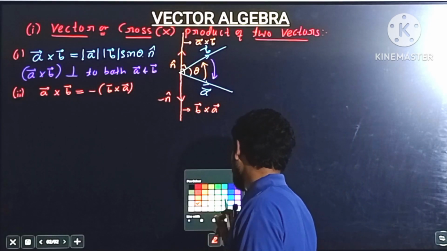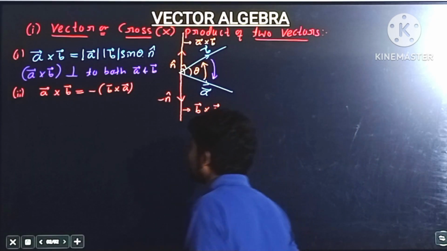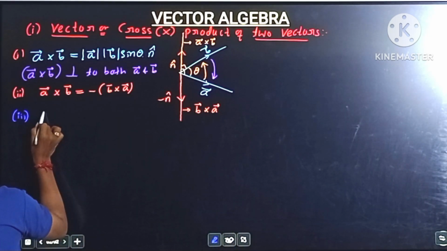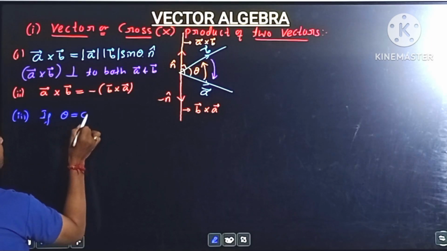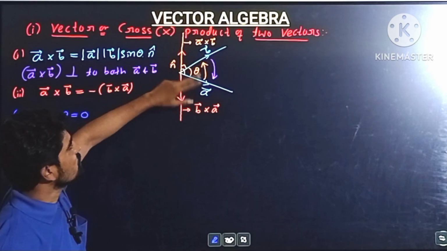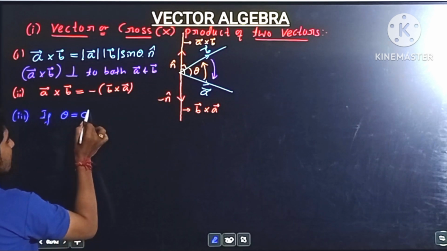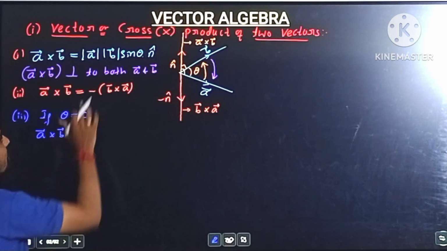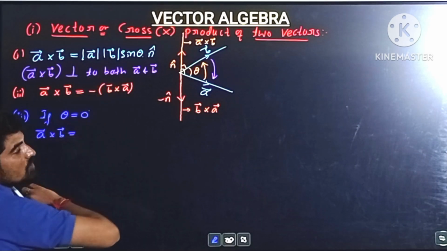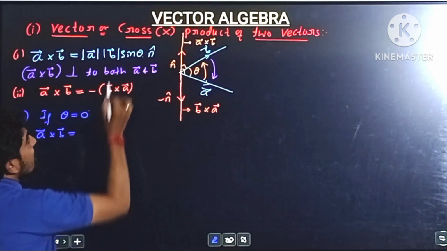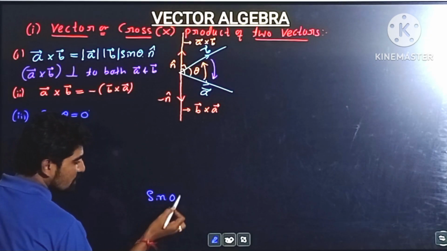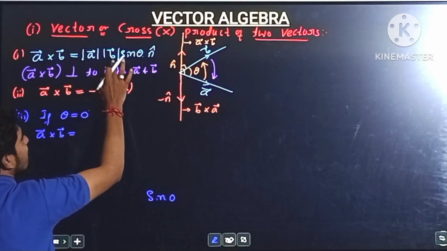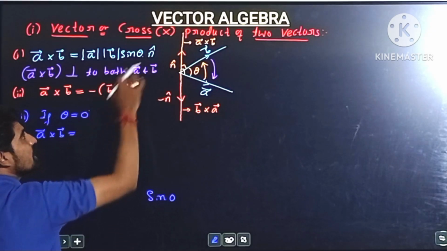Now see here, the third point we need to observe here is that if the value of theta is equal to 0, if the angle between these two vectors a vector and b vector is 0 degree, then a vector cross b vector is equal to magnitude of a vector into magnitude of b vector into sine 0 into n cap.